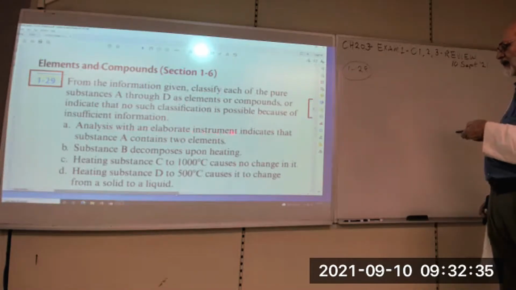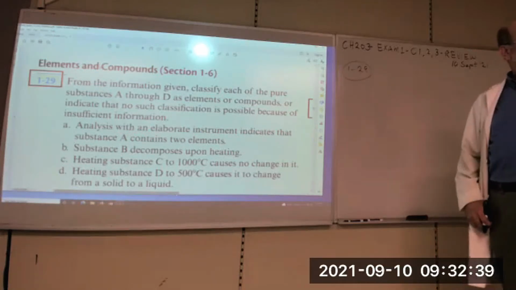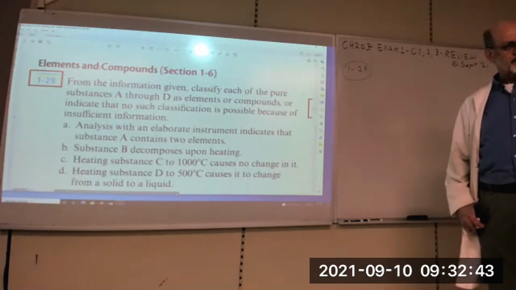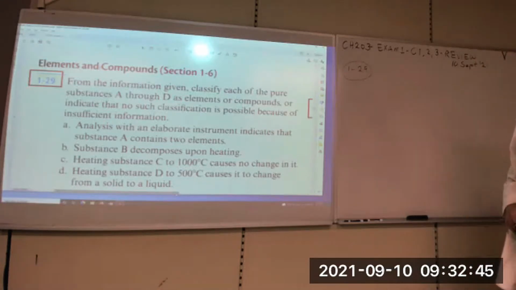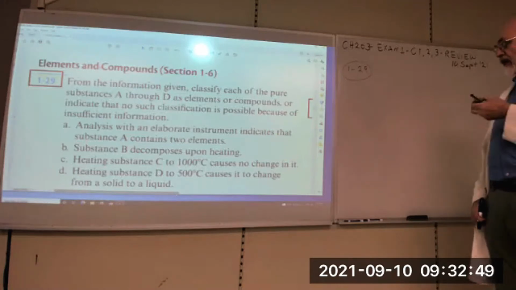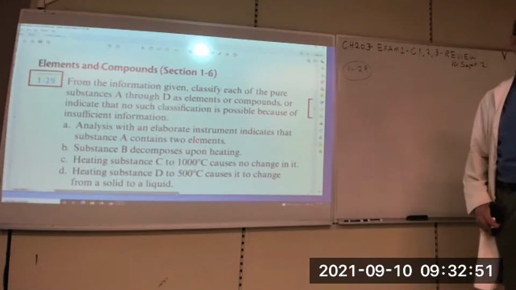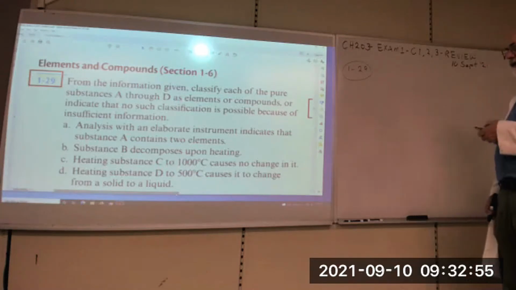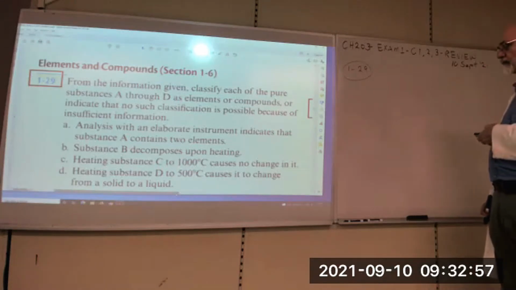Analysis with an elaborate instrument indicates that substance A, oh, yes. See, I got to read the question. Substance A, we're talking about a substance that's identified as A. It's composed of 2 elements. Yep, that's a compound. Yeah, you're right. Substance B decomposes upon heating.